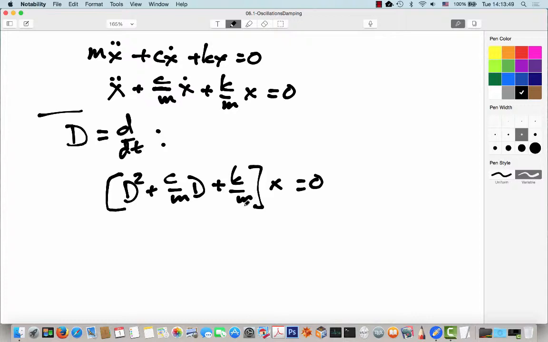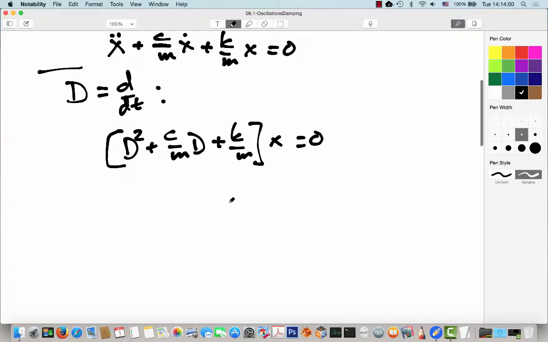So the next step here will be to treat this like it was a quadratic equation and solve it. So we'll try to go ahead and factor it. Now, the first bit to keep in mind is that this bit right here is our old friend omega naught squared, so let's identify that.